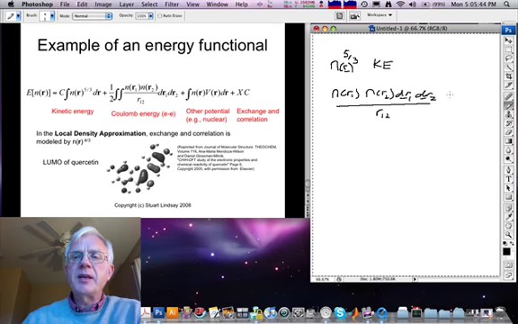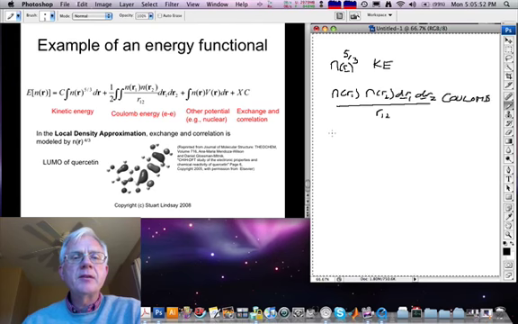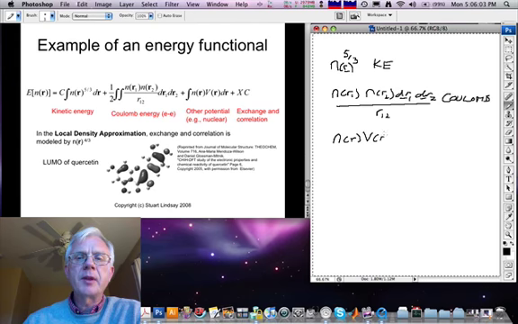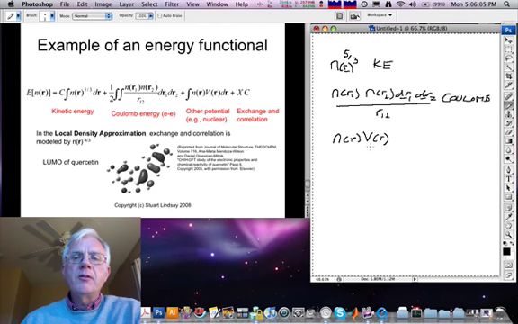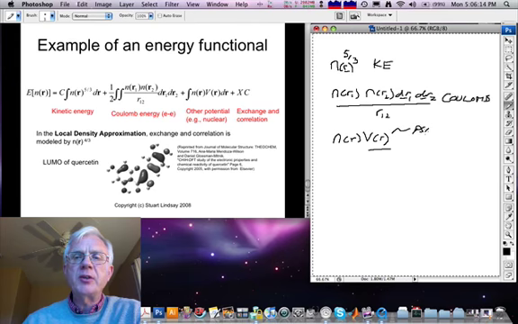So this is the electrostatic interaction. The next term is the nuclear potential. I've just shown it here as the electron density times some potential. The choice of this potential is actually quite critical, and one avoids a lot of complications by ignoring the core electrons by choosing something called pseudo-potentials.